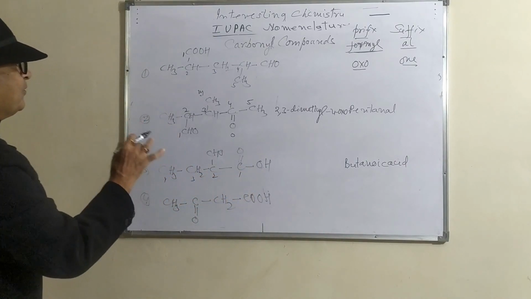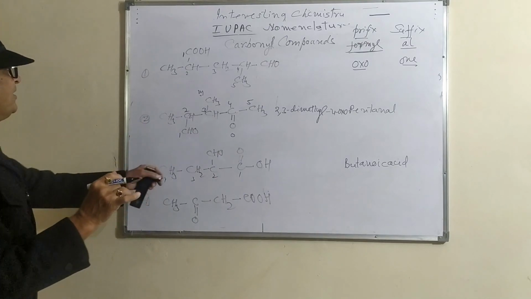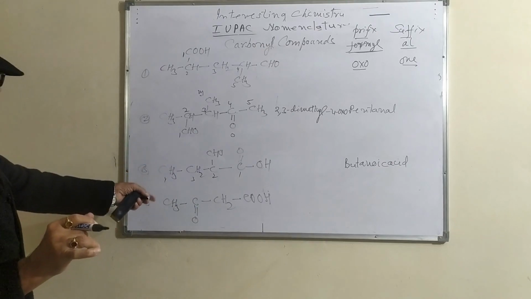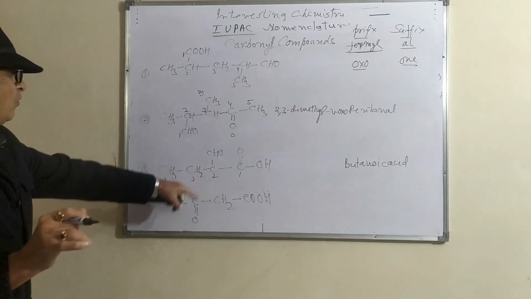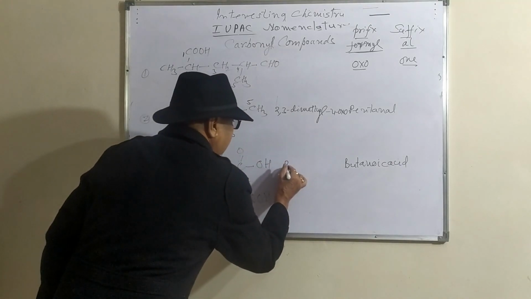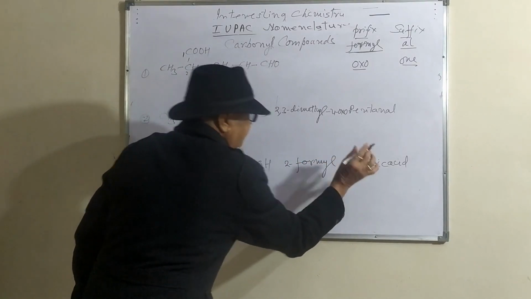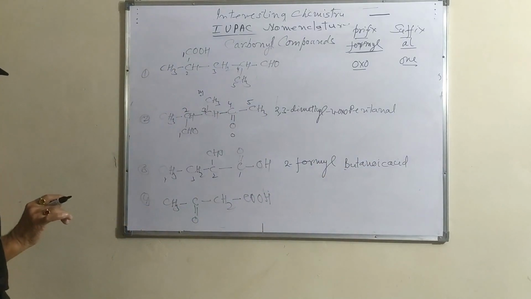What will be the name of this compound? The name is 2-formyl butanoic acid.